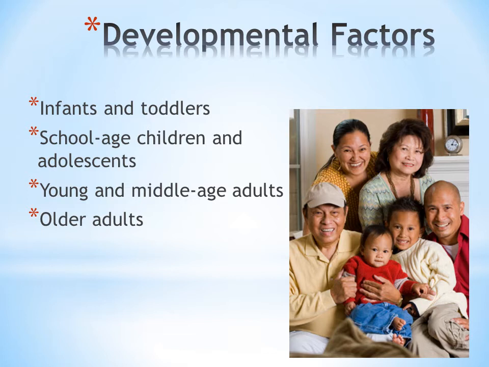With school-age children and adolescents, we are looking at exposure to respiratory infections and secondhand smoke, and some of these kids may begin smoking themselves, or inhalation of aerosols, etc. The young and middle-aged adults are exposed to cardiopulmonary factors, unhealthy diets, lack of exercise, stress, cigarette smoking, over-the-counter drugs, illegal substances, and pregnancy.